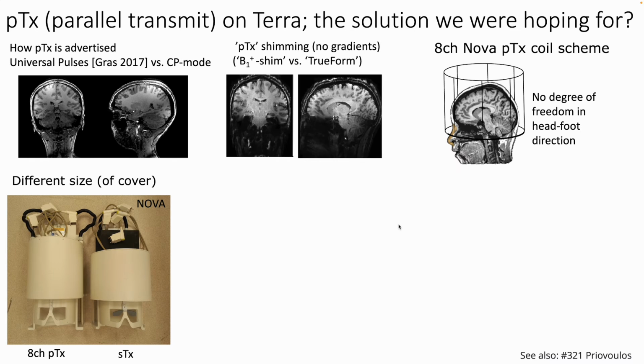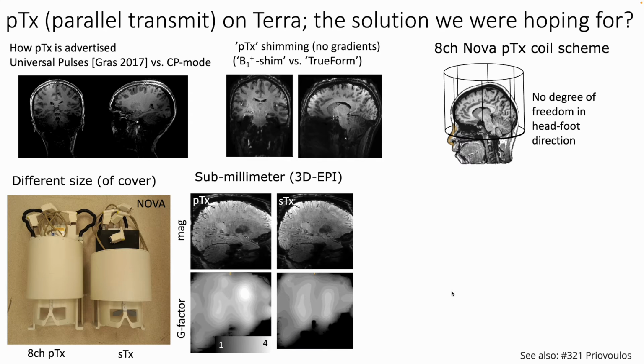And after all, I think it makes sense because these 8 transmit elements that we have are aligned in one single row. So there's not really a degree of freedom to push the field down. There's not a degree of freedom in the up-down direction to begin with. All the improvements that we are seeing here from the universal pulses must then not only come from the PTX alone, but mostly also from the gradients, from the kT approach of using gradients during the excitation pulses.